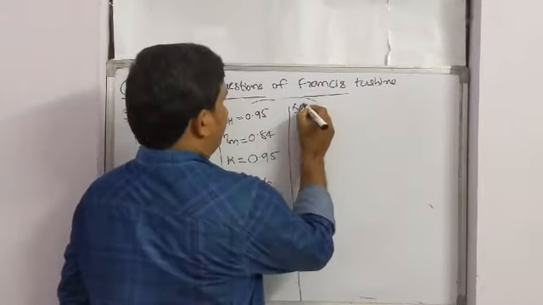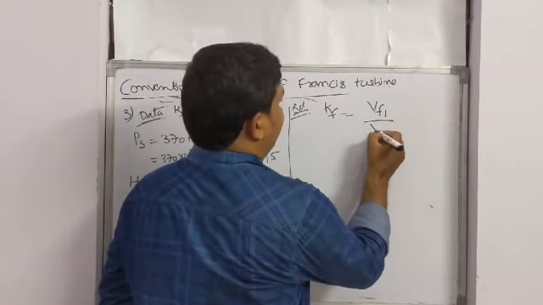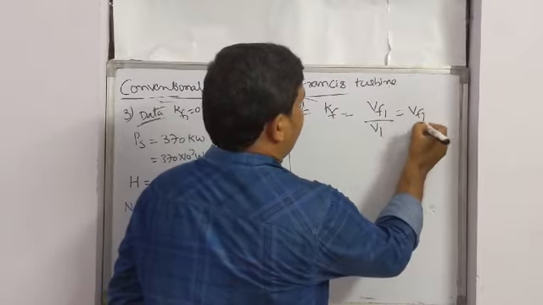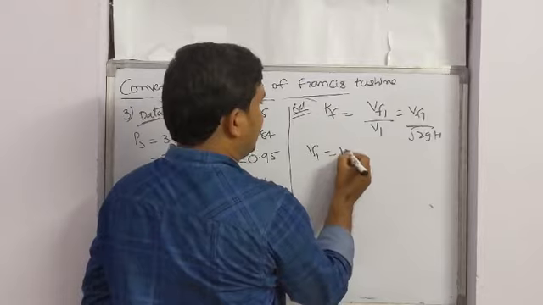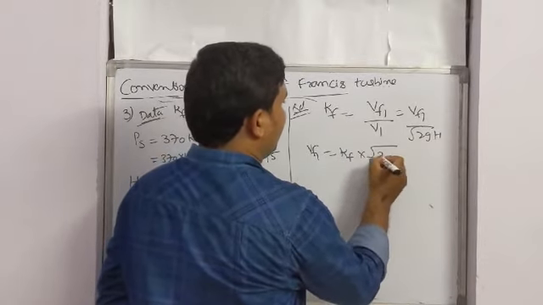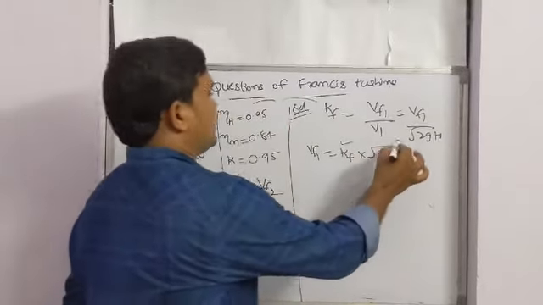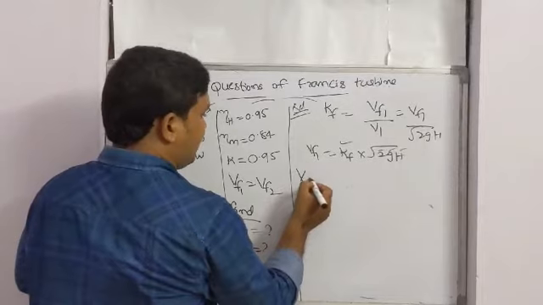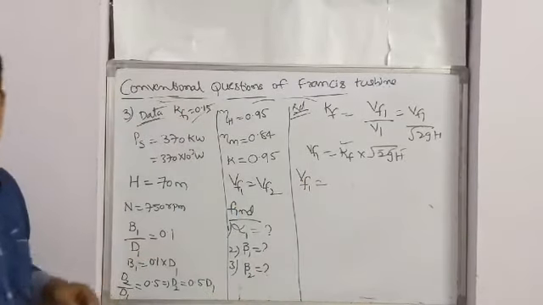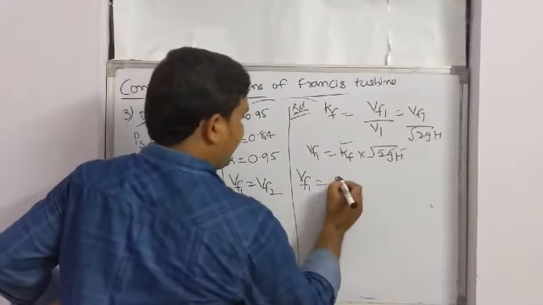From the solution, flow ratio Kf1 is equal to inlet flow velocity by absolute velocity, Vf1 by root over 2gH. Then Vf1 is equal to Kf into root over 2gH. Kf is given, 2 and g are constants, and head is given in the problem as 70. By substituting all of this, we get Vf1 equal to 5.56 meters per second.